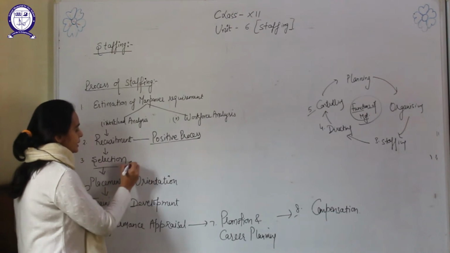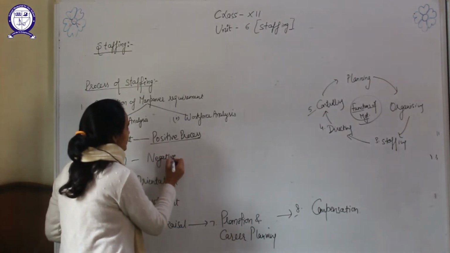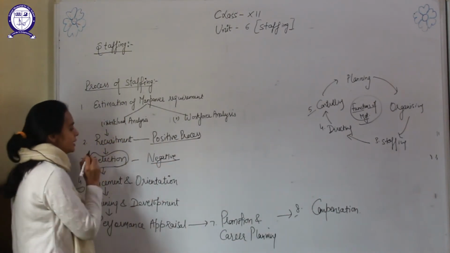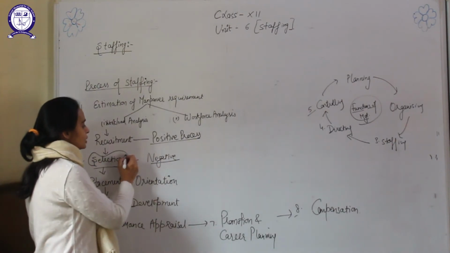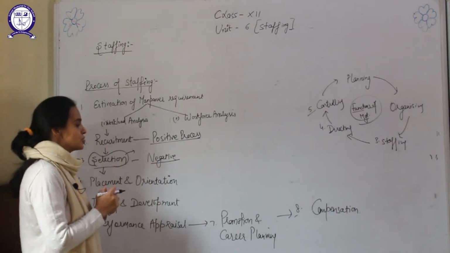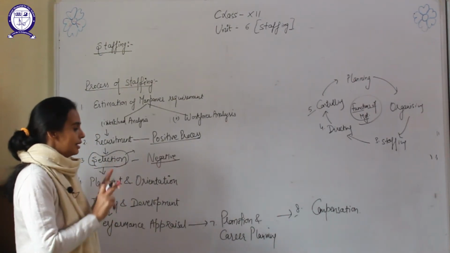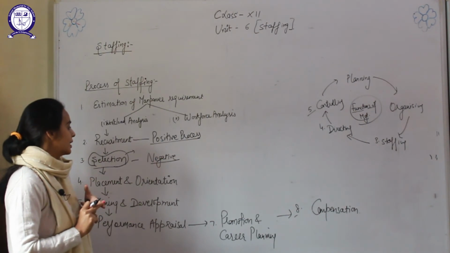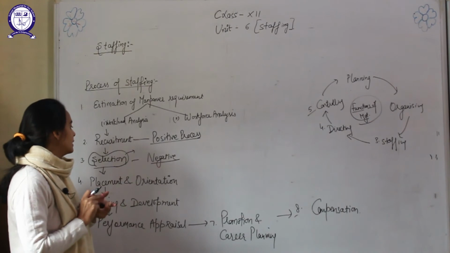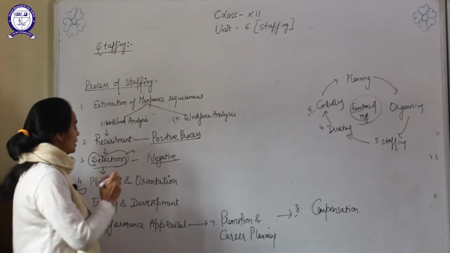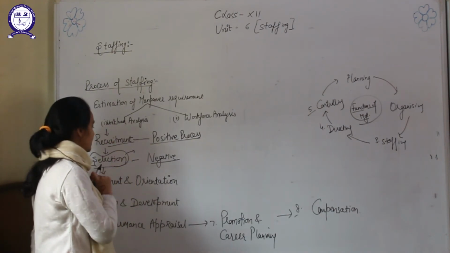After recruitment there is the selection process. It's a negative process. What is the meaning of selection? Appointing the right people at the right post at the right time. Suppose for the clerk post, the accountant post, and the mechanical engineer post, there should be a BTech degree in mechanical. For an accountant, the person should be a CA or BCom with tally courses. Under recruitment, the company gets the applications.